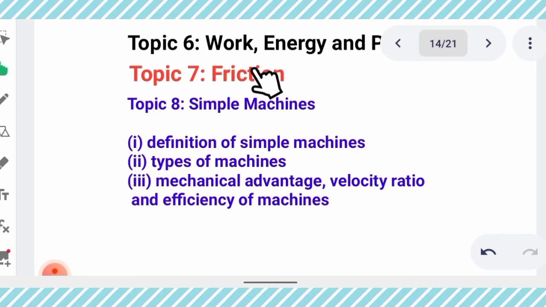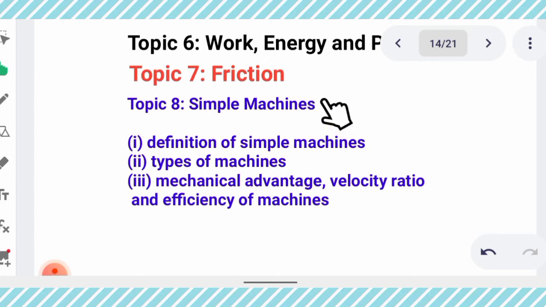Then number 7, we talk of friction. Friction is the force which tends to oppose the motion of an object. Then we talk of simple machines. Under simple machines, we have things like mechanical advantage, velocity ratio, load, effort, and efficiency of a machine. Then from there you see things like first class lever, second class lever, and third class lever.